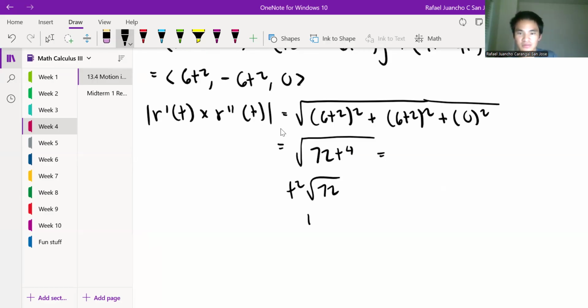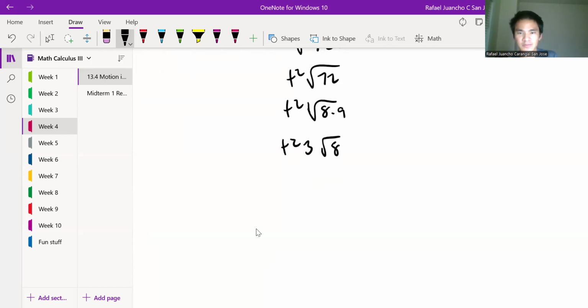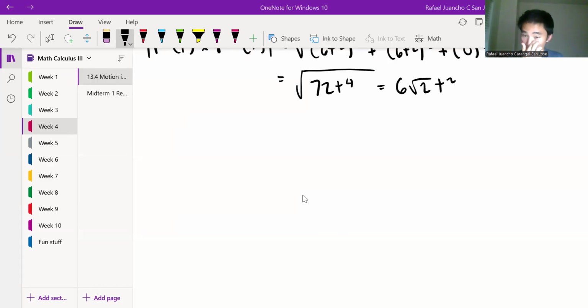I guess I do 8 times 9 t squared. That gives me t squared times 3. Now I have my 8, and this 8 here is 4 times 2. Then I have 6. Then yeah, that should be it. I was just trying to simplify everything. So I get 6 square root of 2 t squared.